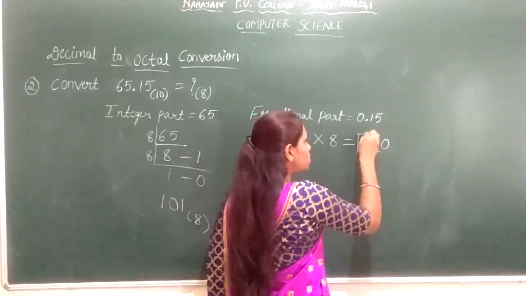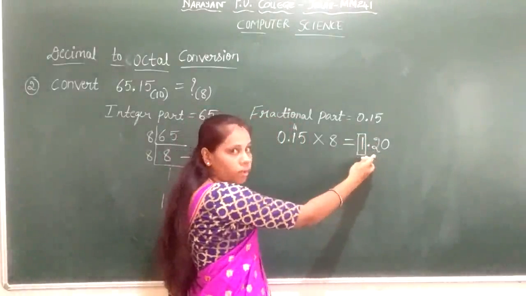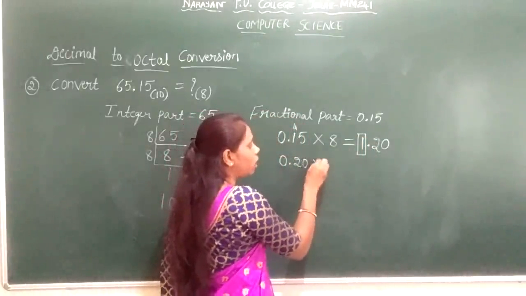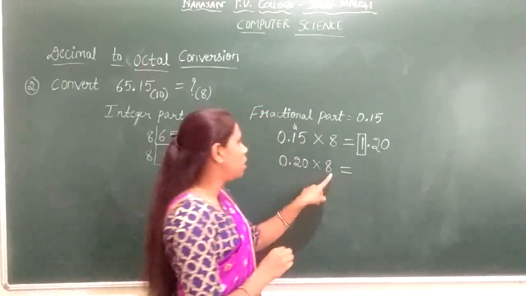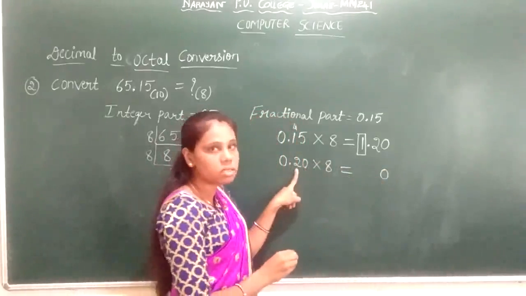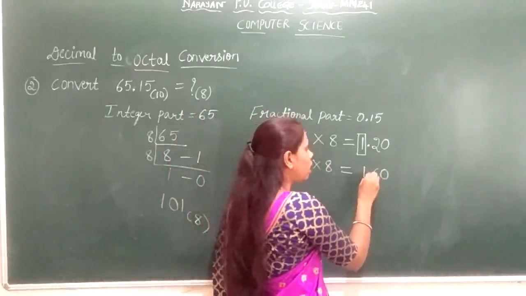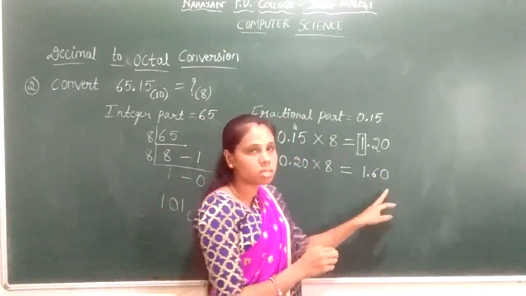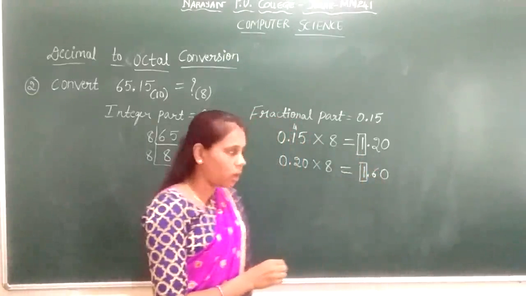Now note down this integer part. Next consider only the fractional part, that is 0.20, and multiply it by 8. 8 into 0 is 0. 8 2s are 16, so I will write 6 and 1 will be carried to the next position, that is 1.60. Again note down this integer part.